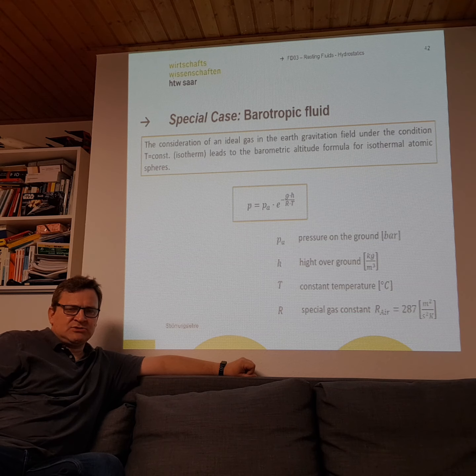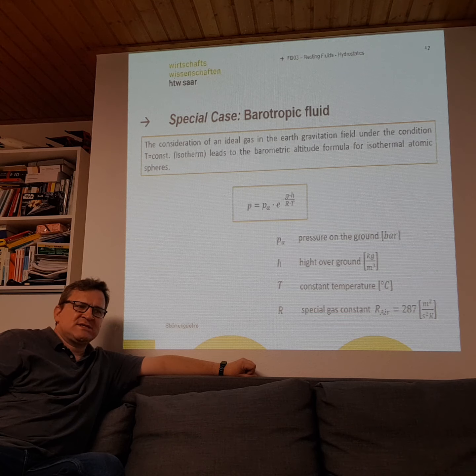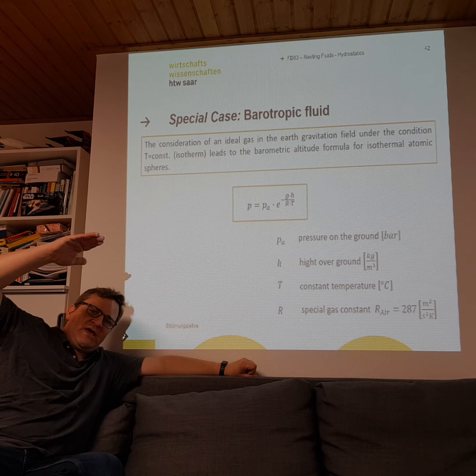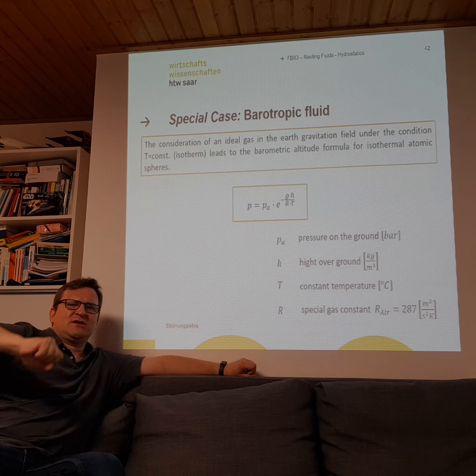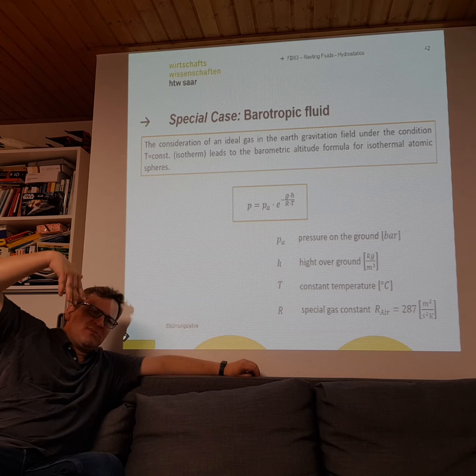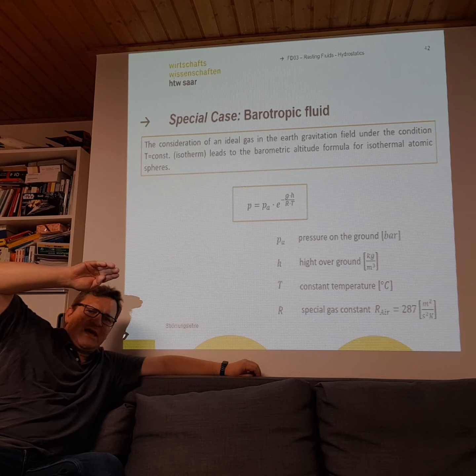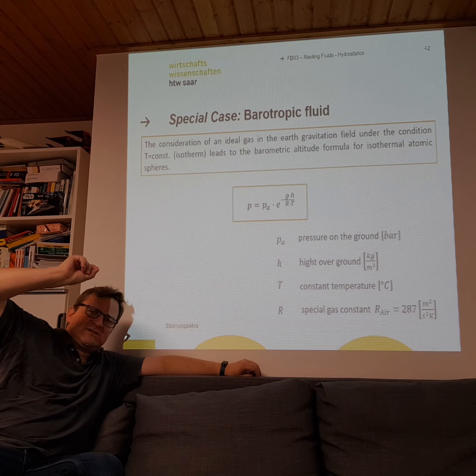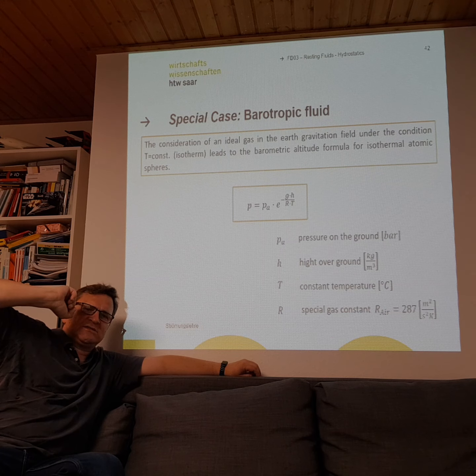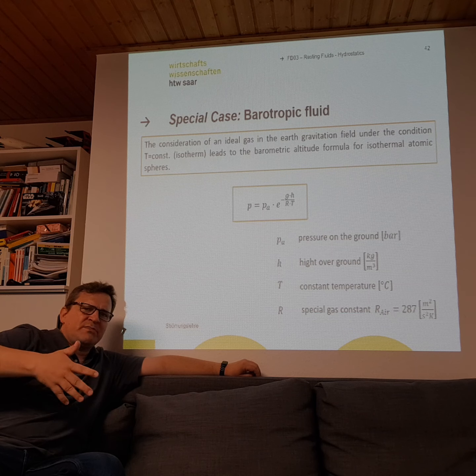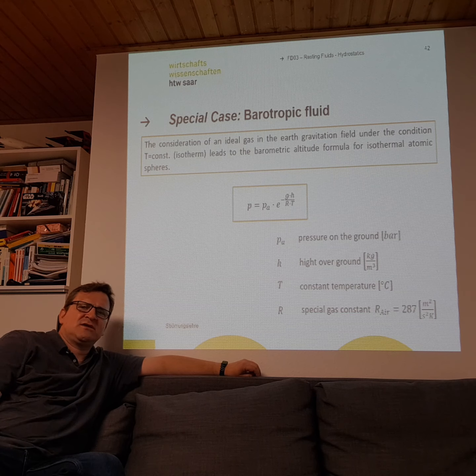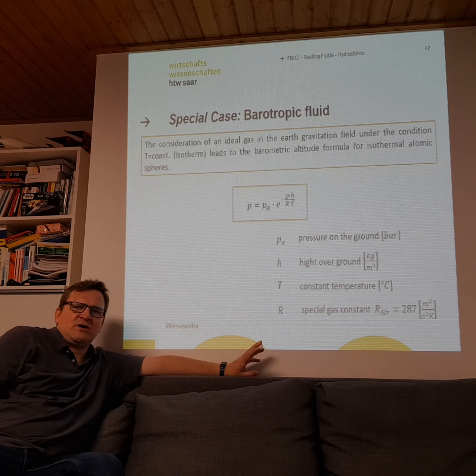I can explain it to you. More or less, our atmosphere of air is around 10 kilometers. Of course, it's much higher, but in the outer regions of the atmosphere, the air gets thinner and the density gets thinner. So let's say an airplane flies at 10 kilometers height, and round about the height of our atmosphere would be 10 kilometers.